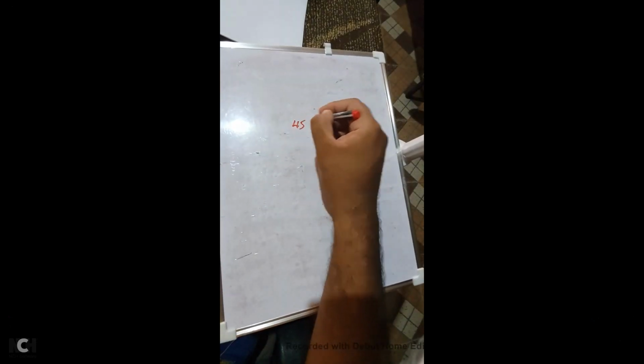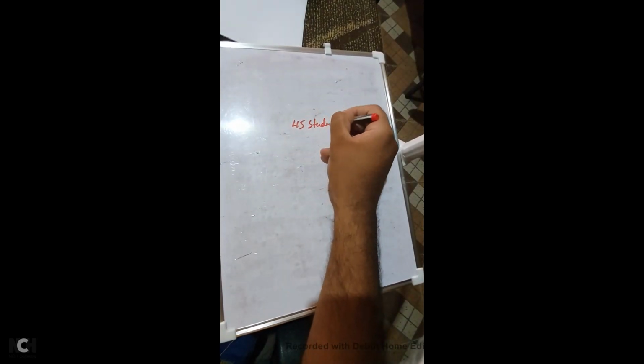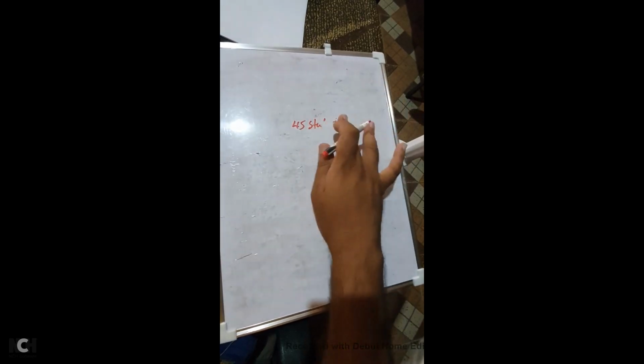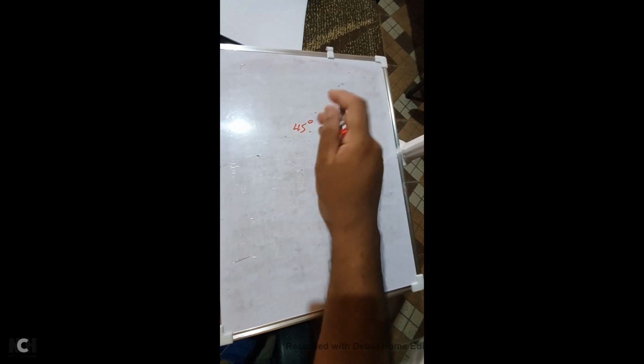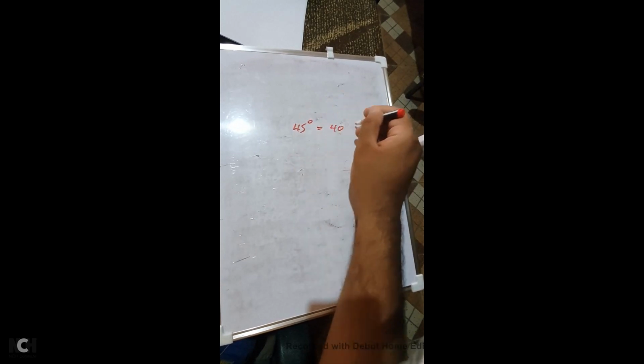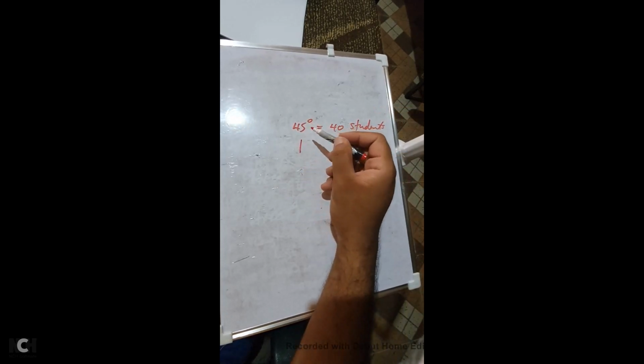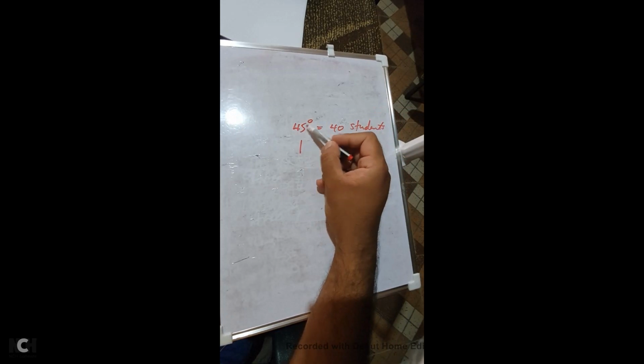So basically, 45 degrees represents 40 students. Sorry, my bad, I said 45%, it's 45 degrees.